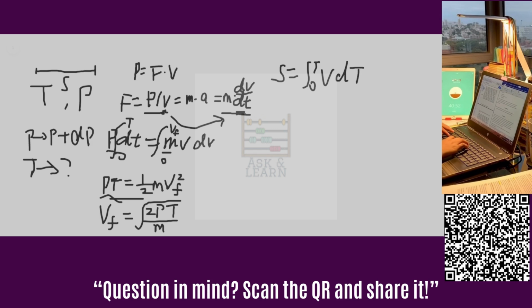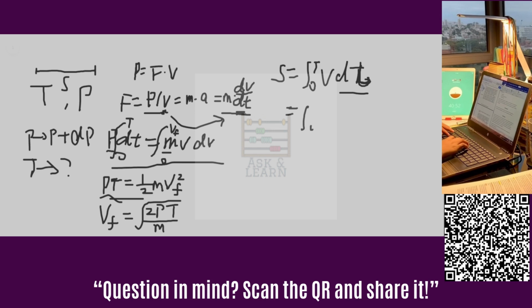And then we just assume that the total distance is capital S, but we do not know this S. However, we can just say that S equals the integral from 0 to t of v dt, right? And we already know the relation between v and dt according to this relation.